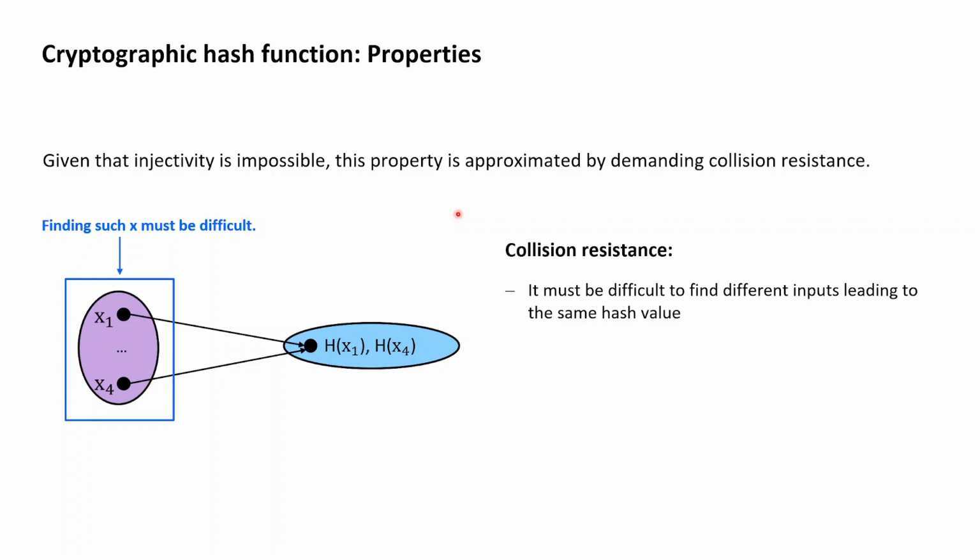Contrary to injectivity, which asks for hash functions to map inputs uniquely to hash values, collision resistance now demands that it must be merely difficult to find different inputs that would be mapped to the same hash value. The pair of x1 and x4 in our example would thus be difficult to find if our hash function h would be a collision-resistant hash function.